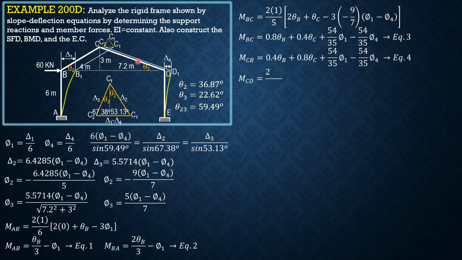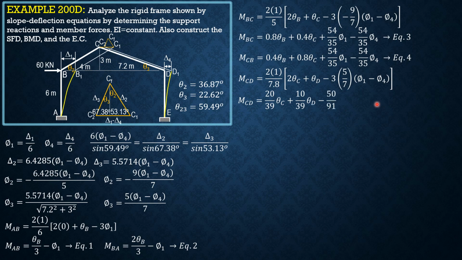Then MCD is 2 times 1 over 7.8, the length of CD, quantity 2 theta C plus theta D minus 3 times 5 over 7 of quantity P1 minus P sub 4 for P sub 3. Simplifying, MCD equals 20 over 39 theta C plus 10 over 39 theta D minus 50 over 91 P1 plus 50 over 91 P sub 4, equation 5.